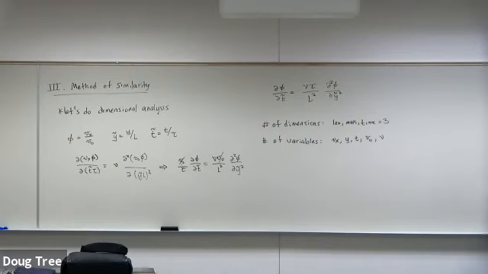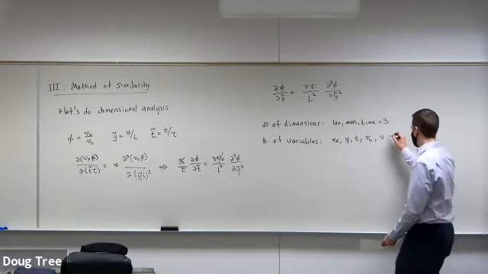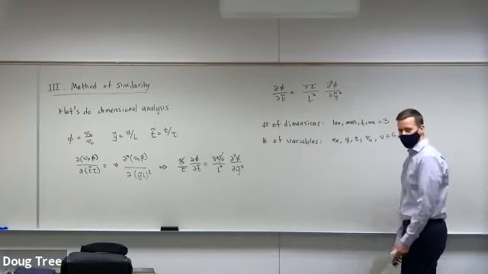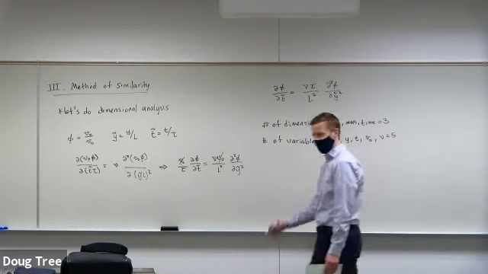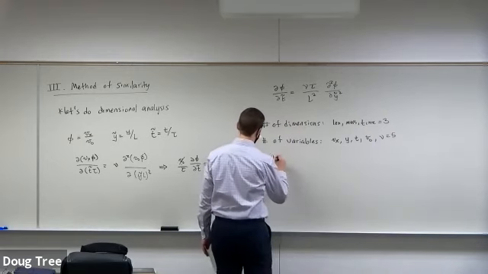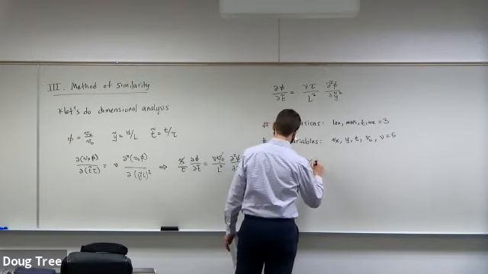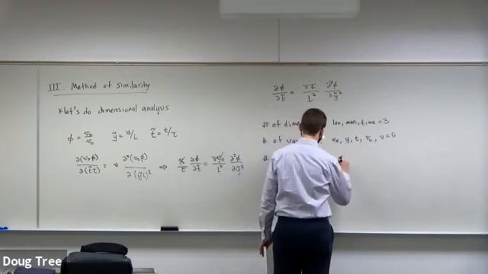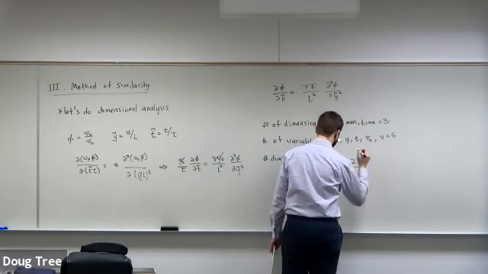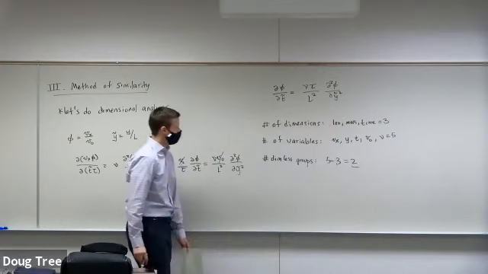Okay, so how many is that? That's 5 of those. So how many dimensionless groups should I have? Well, that's just 5 minus 3 equals 2. So I should have 2.